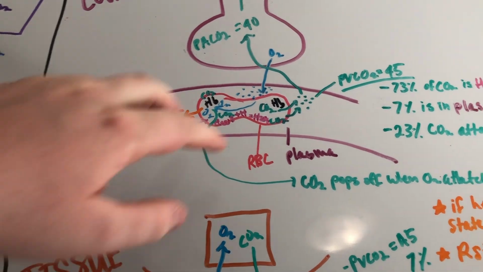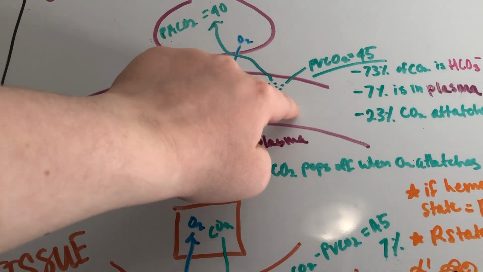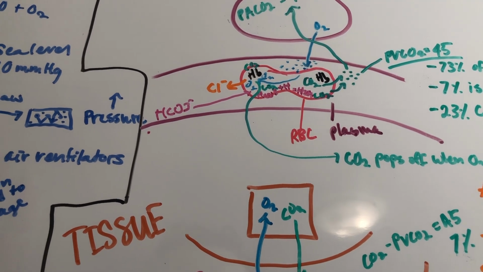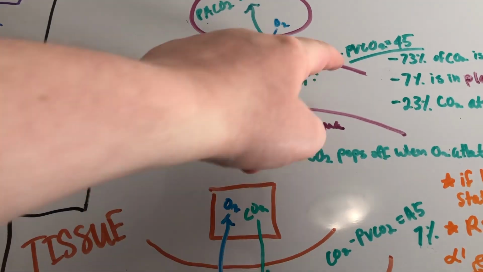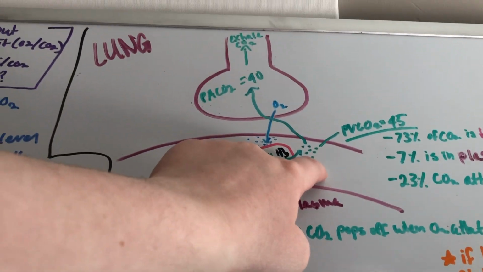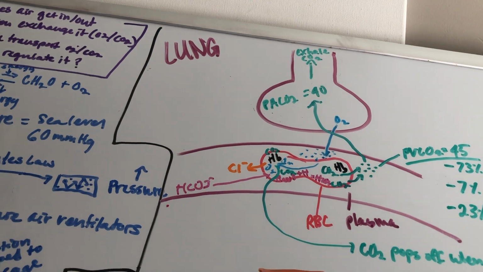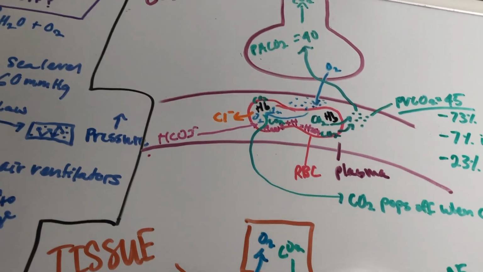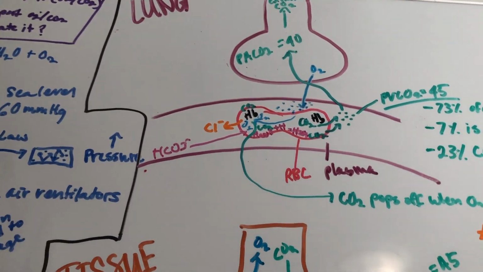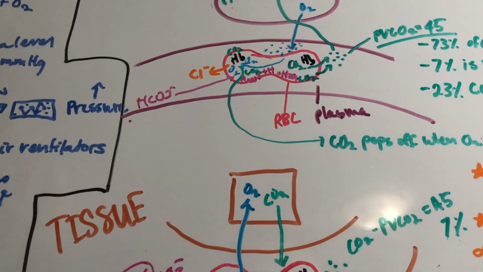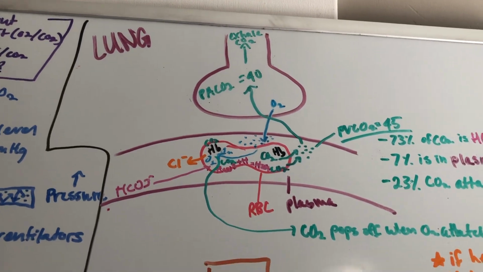Now these numbers of 40 and then this one, these have to be equal at all times. If they're not, then some of the plasma CO2, or the PvCO2, which in our scenario is 45 because that's higher, you're going to have to take some of that and push it back up to here. And that means you're exhaling your CO2.